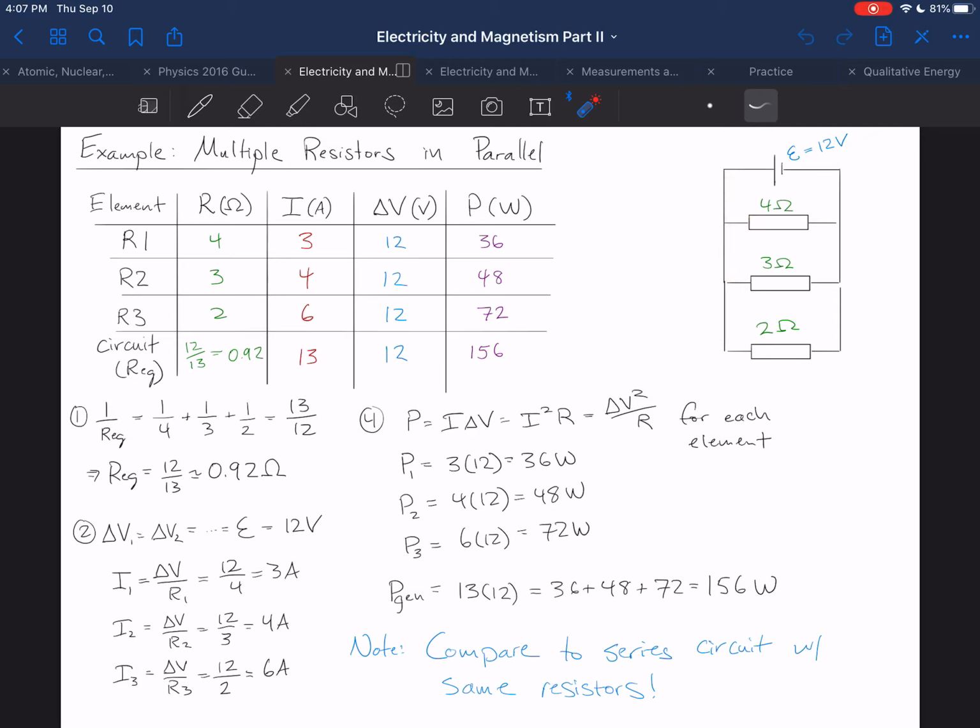Not only that, but then the total potential difference across each of them, and therefore the total current through each of them, is significantly bigger than in the series case, and that gives you a tremendous amount more power delivered to each of these resistors. Okay, so pretty substantial difference here.